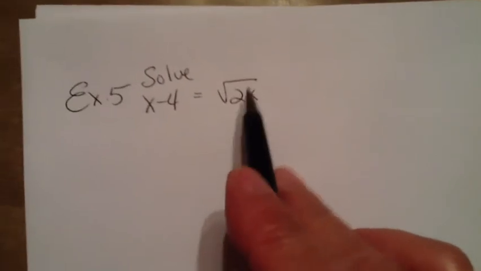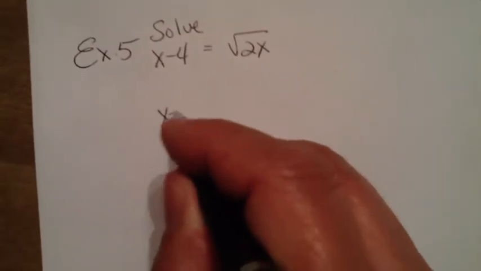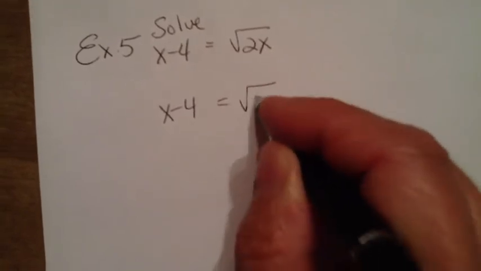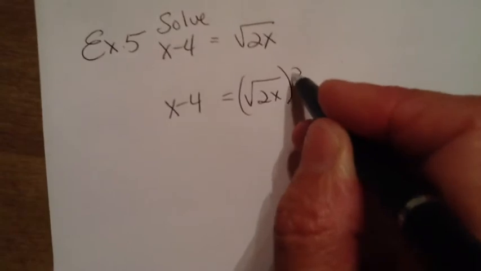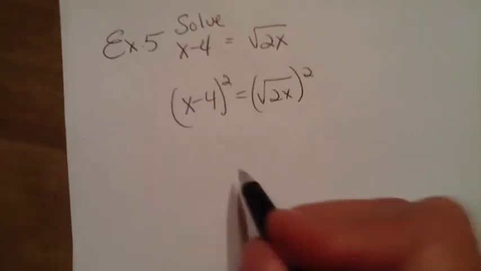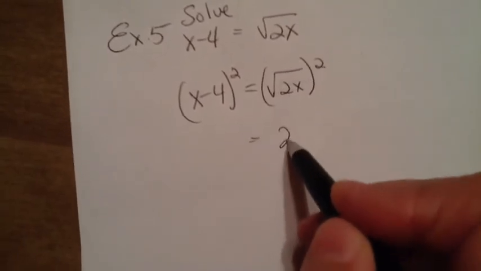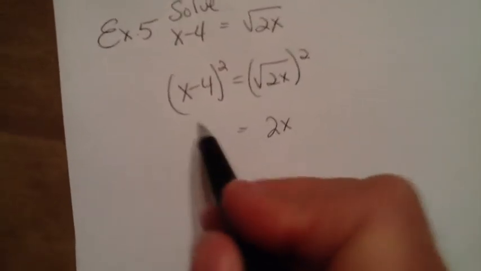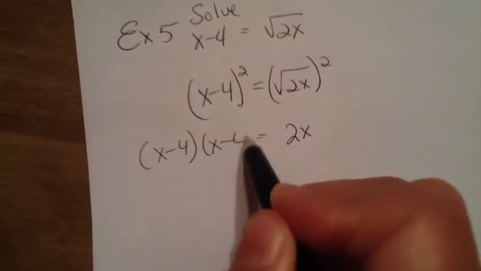I need to get rid of this. So what I have to do is I need to write this down, and to get rid of a radical or a square root, I square it, which means I have to square both sides. Now on this side, square of a square root just gives me what's inside. Don't forget, this is x minus 4 times x minus 4.